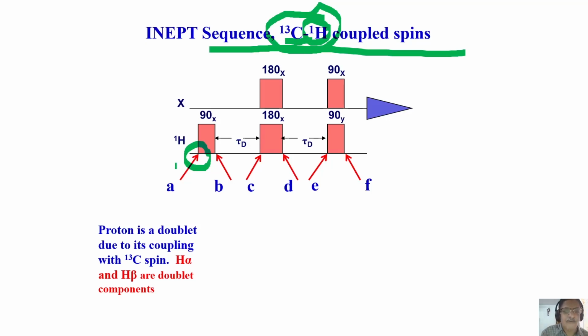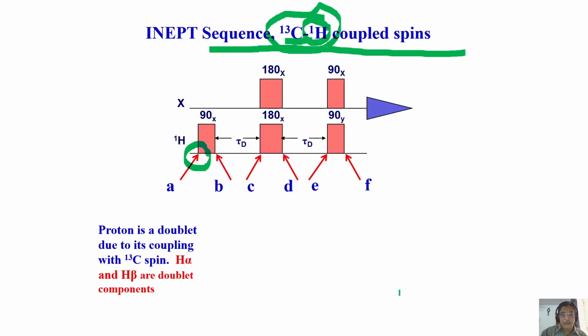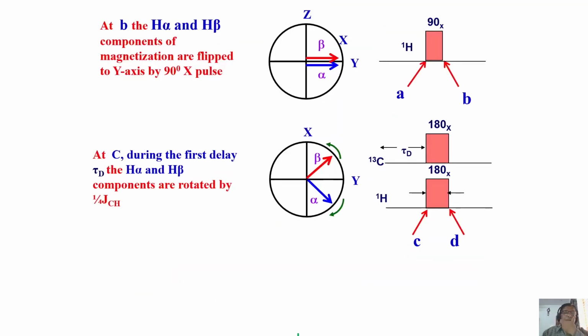Now apply a 90-degree pulse. Now flip the magnetization to the y-axis by applying a 90-degree X pulse. That is position B. This is what happened at point B immediately after the 90-degree pulse.